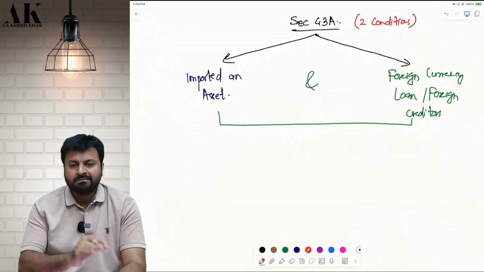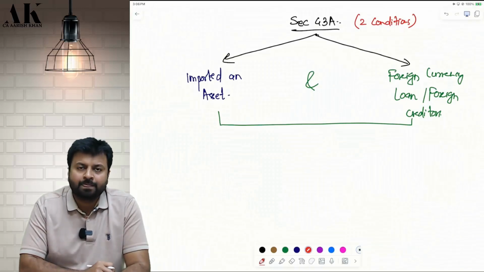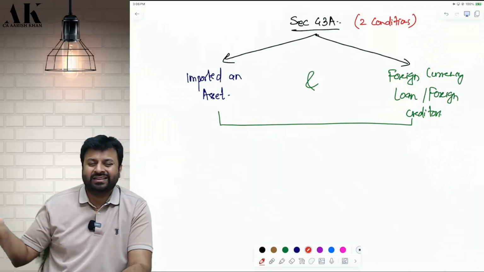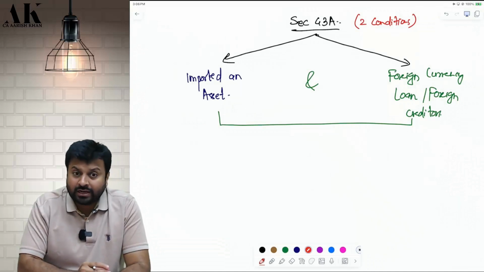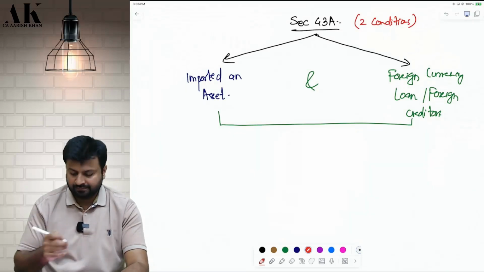Are you clear? Suppose I import an asset from, say, Japan and I take a loan from a foreign bank in foreign currency, then this section is applicable. If I import an asset from Japan but I take a loan from SBI, then this section is not applicable. Both the conditions have to be fulfilled. The asset should be imported and the loan should also be in foreign currency.